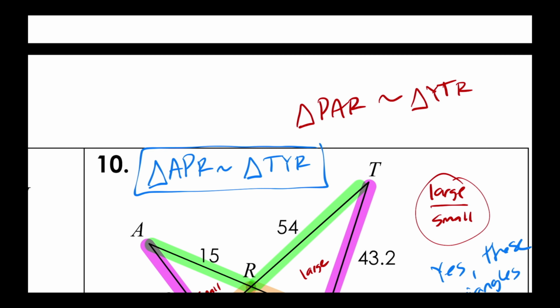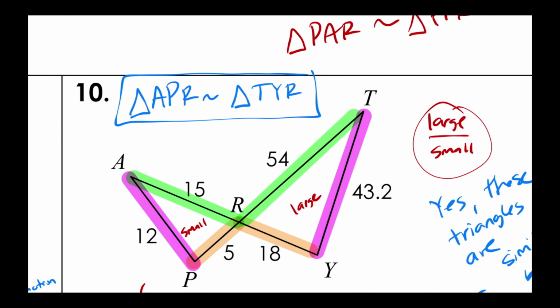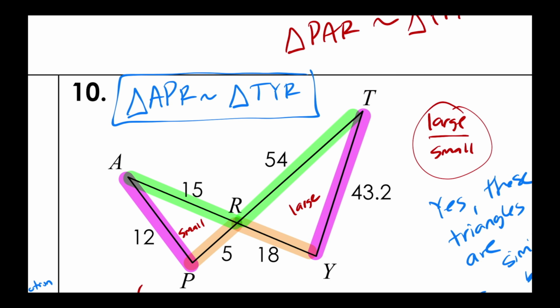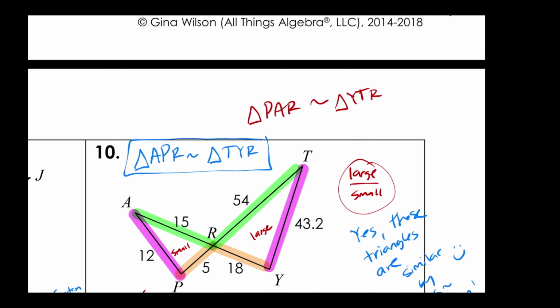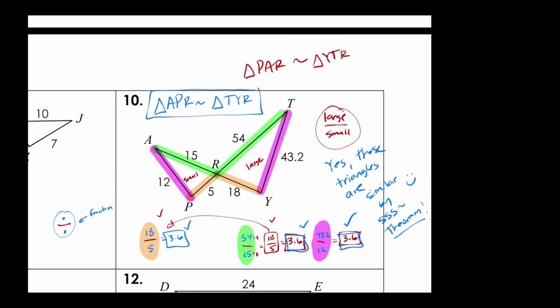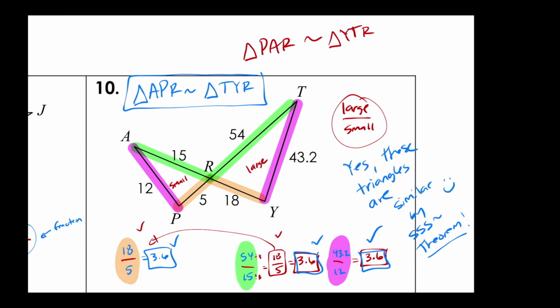They're matching. A and T are matching. And then R and R. Okay? So you can do any order as long as you stick with the order that they are matching. Okay, any questions?